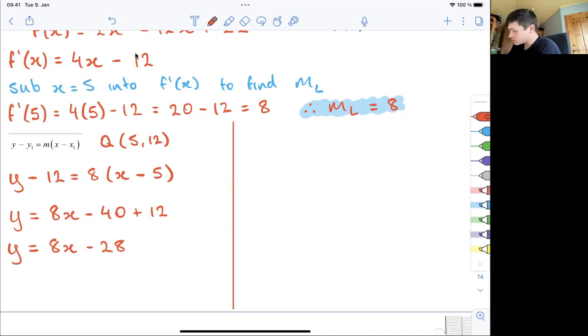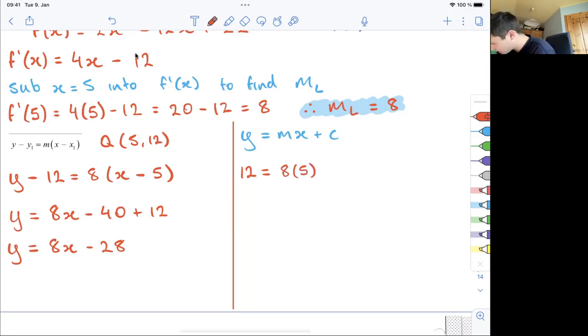And if we wanted to use just the form of y is equal to mx plus c, the way I go about this is I say, well, our y value is 12, so I log 12 in for y. Our m value, or the gradient, is 8, so I log that in for m. The x value is 5, so put that in here, and plus c. And then I just rearrange this for c. So I say 12 is equal to 40 plus c.